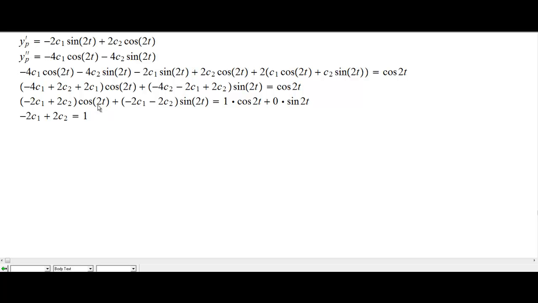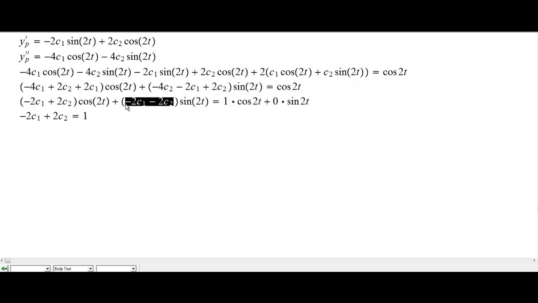Here I have this constant times cosine 2t plus this constant times sine 2t. On the right hand side I have 1 times cosine 2t, and there was no sine 2t, so that means it's multiplied by 0, if we want to compare. So this coefficient has to match with this, and that has to equal 0.